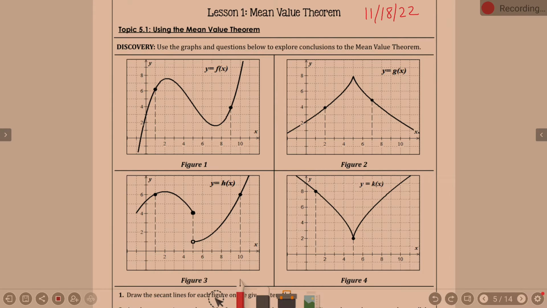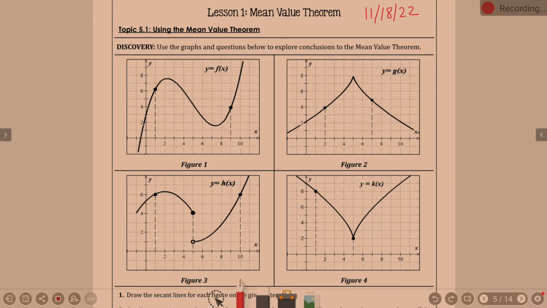Okay, so we are investigating another theorem, learning all the ins and outs of the mean value theorem, often abbreviated as MVT. So we already have IVT, now we have MVT.